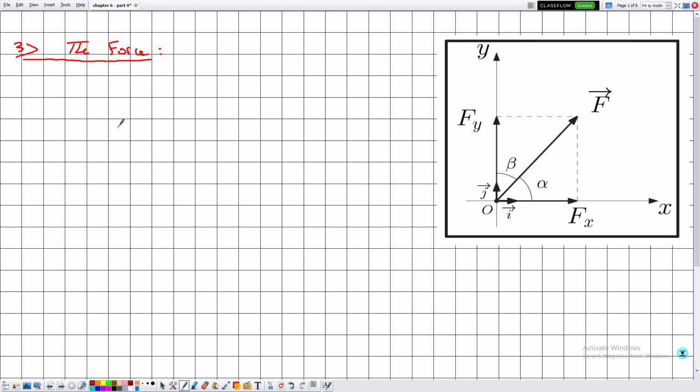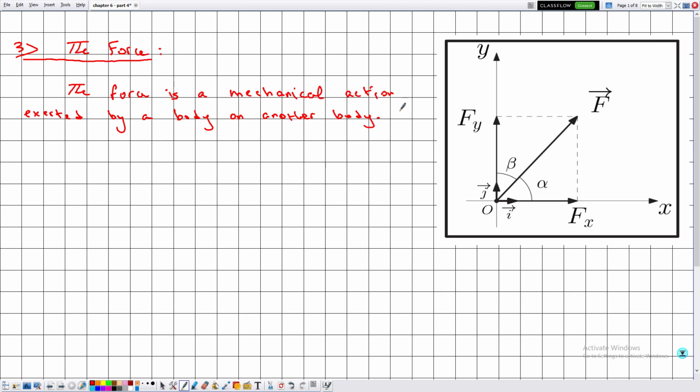And let me start by defining the force. Let me write the force as a mechanical action exerted by a body on another body.